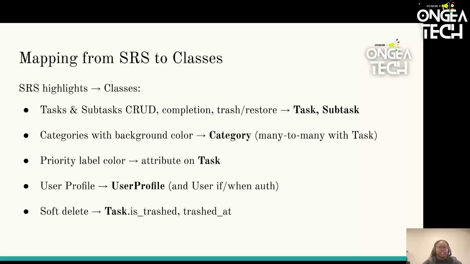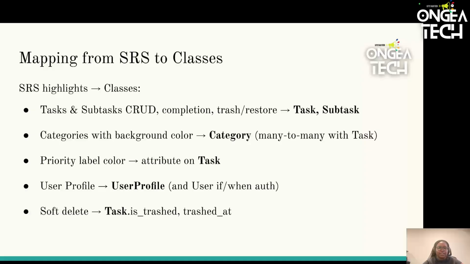So now we want to map the system and visually represent it as a model. We had tasks and subtasks, and those will translate to task and subtask classes in UML class diagrams.